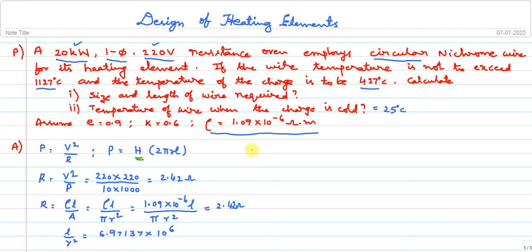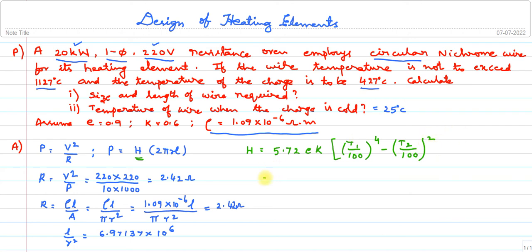Heat dissipated is capital H equal to, according to Stefan's law, 5.72 small e capital K into T1 by 100 whole power 4 minus T2 by 100 whole power 4.